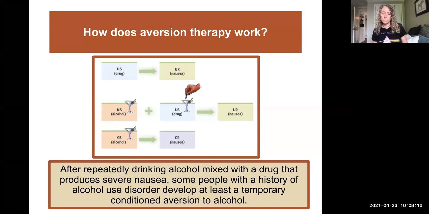So they brought people with alcohol addictions into the lab and said, here, have some drinks. They said, okay, sure, we'll have some drinks. And they tainted the alcohol with something that made them really nauseous and sick. What they had hoped with the aversive conditioning is that they would associate alcohol in the future with getting sick, and then avoid alcohol because of the nausea.